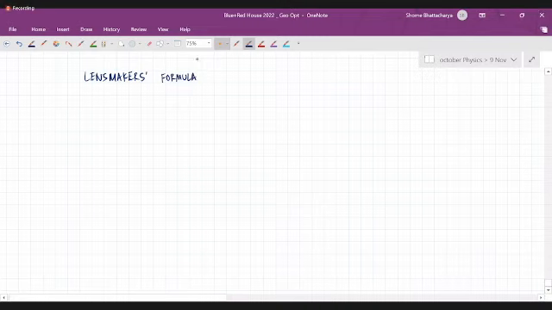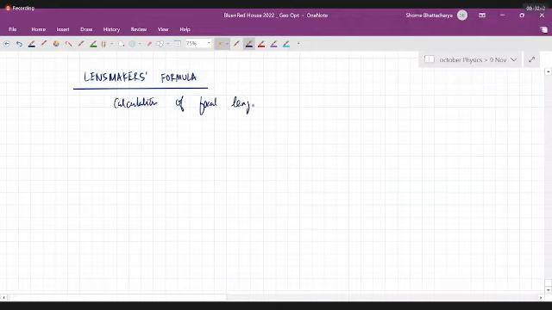Okay. So the lens maker's formula is the calculation of the focal length of a thin lens from its physical properties.